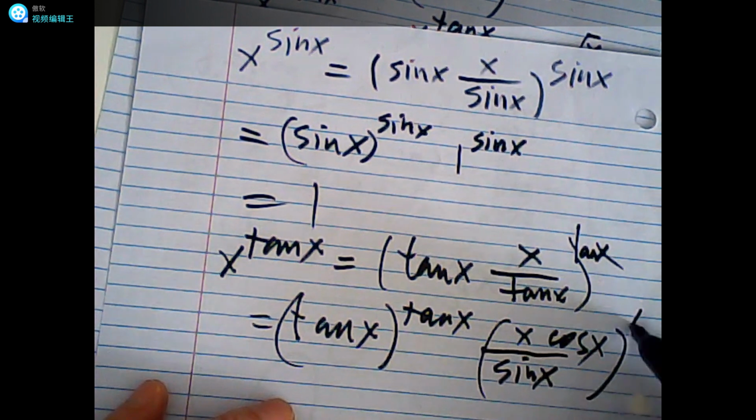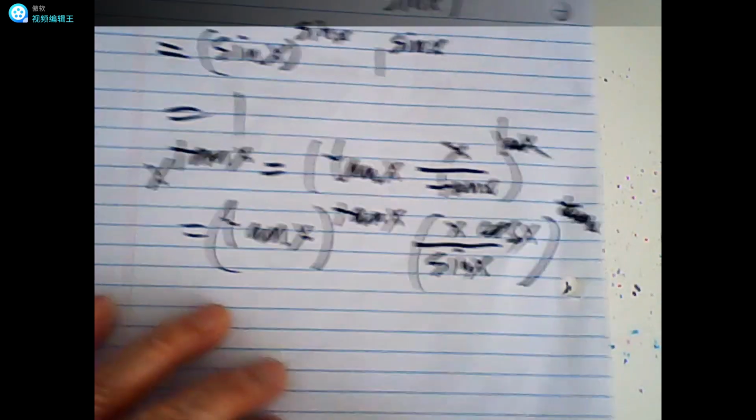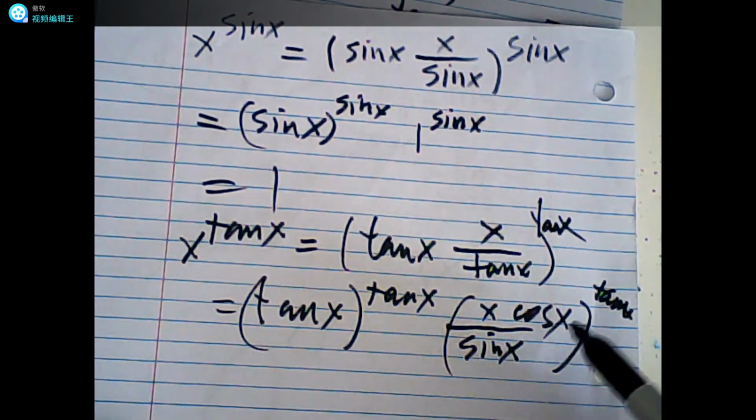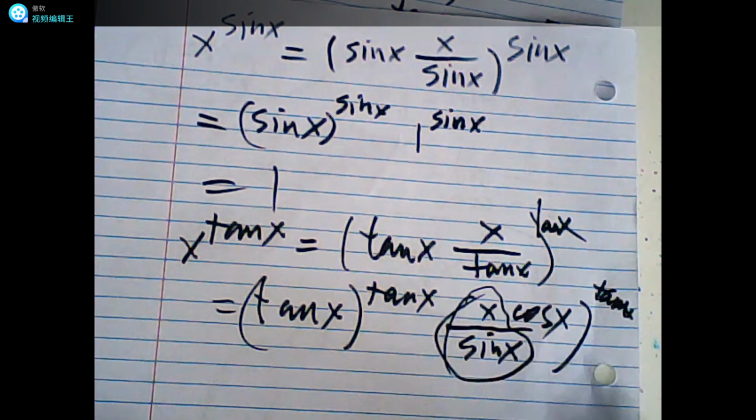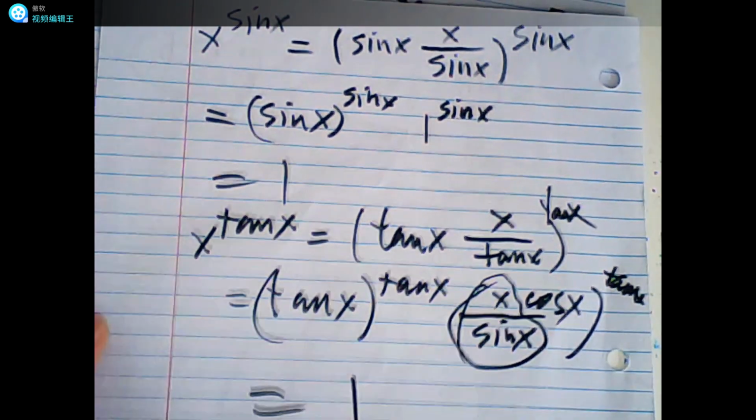To the tangent. And this one, as we have done, equals 1, basic formula. This limit as x approaches 0 is 1. Therefore, this is 1 to the power 0 is 1. So it's equal to 1.